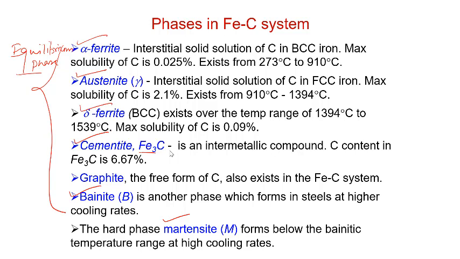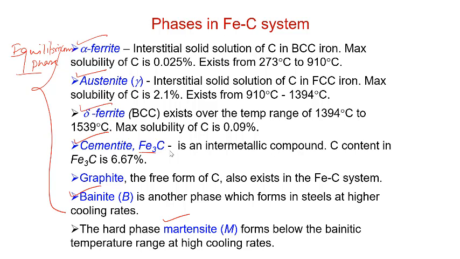When you compare the size of those voids in the BCC and the FCC structure, you would find that the voids are bigger in the FCC structure, and that is why it can accommodate more carbon, and as a result the solubility of carbon in the austenite phase is higher.